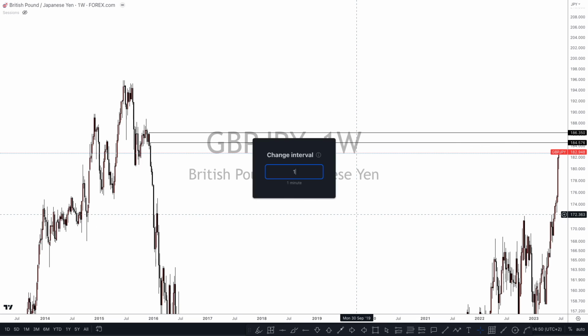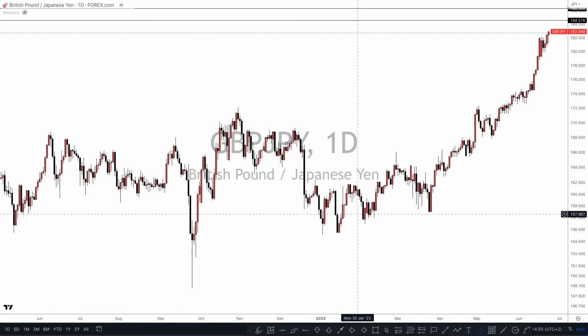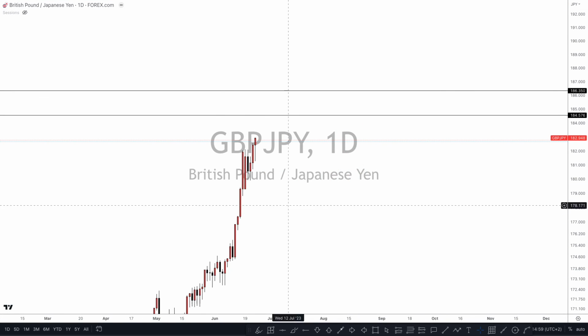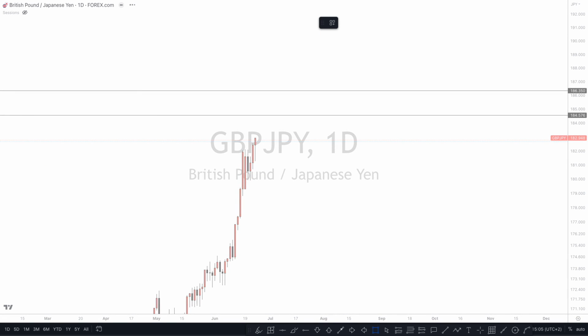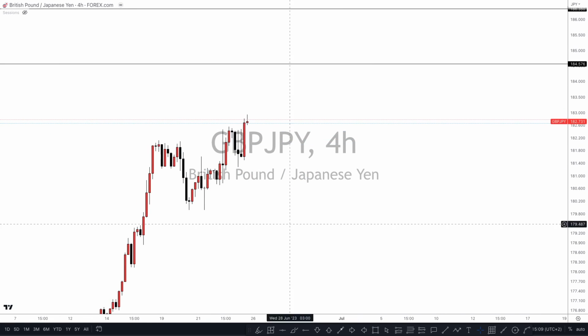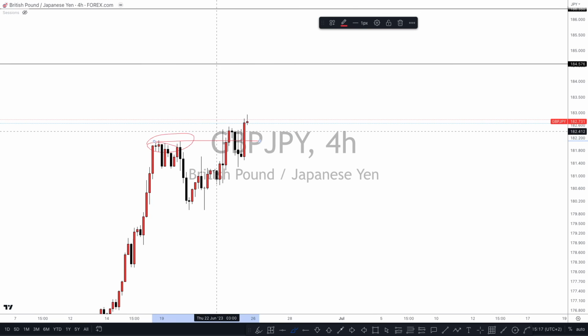Then I'm going to drop down to daily, and I believe there's nothing I will be looking at on daily, except most probably a break and retest, which is something I can still see on 4 hourly. So I'm going to move down to the 4 hour time frame, and I do believe you will see that this was our higher high and price broke above this, creating a higher high here with our higher low.